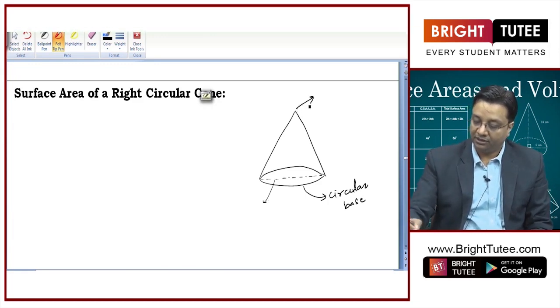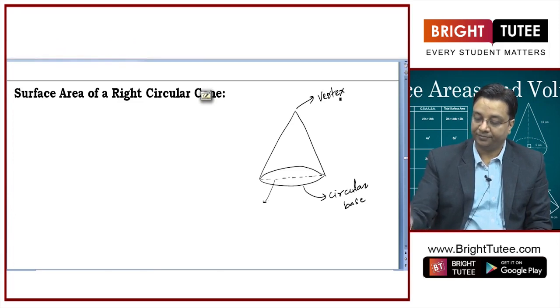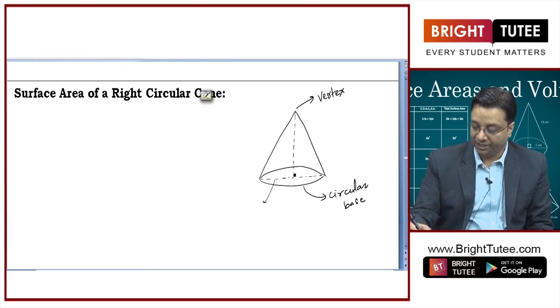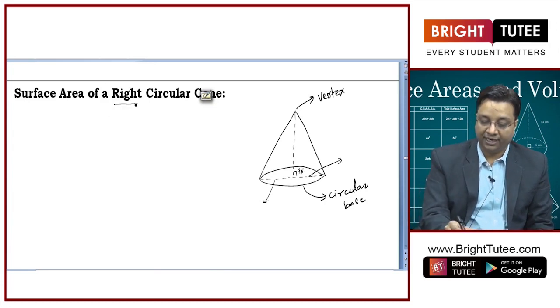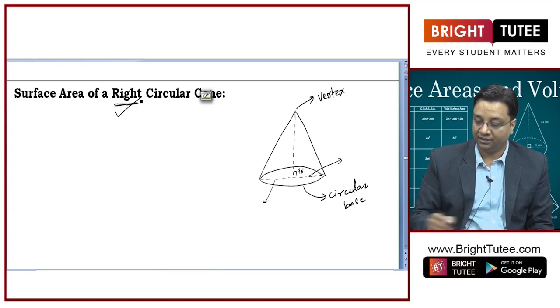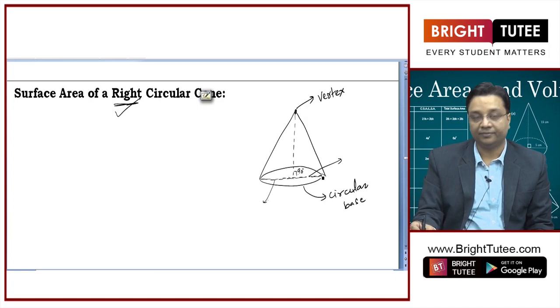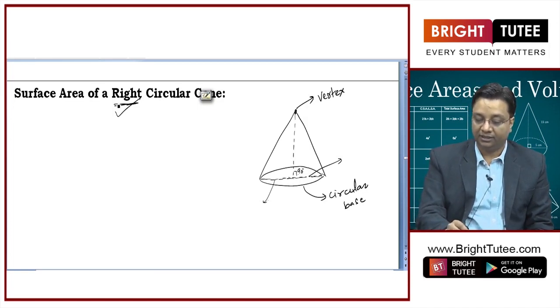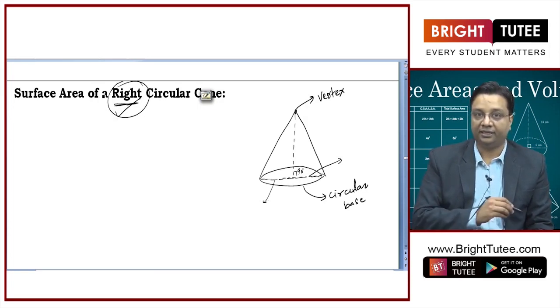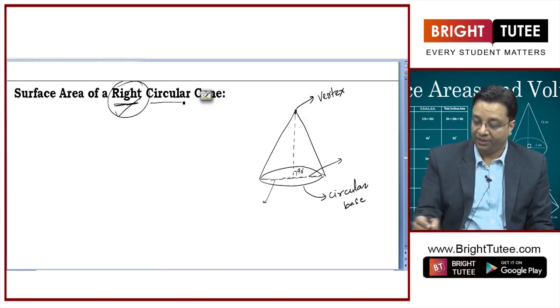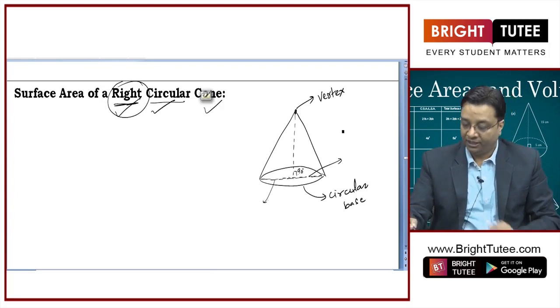Now, this is known as the vertex, and if I join this vertex with the base, this line here, then this angle is 90 degrees. This is the right angle. The line joining the vertex with the base is at 90 degrees to the base. Now, the base is circular, hence the word circular, and this shape is a cone.